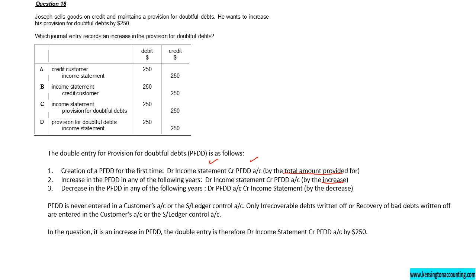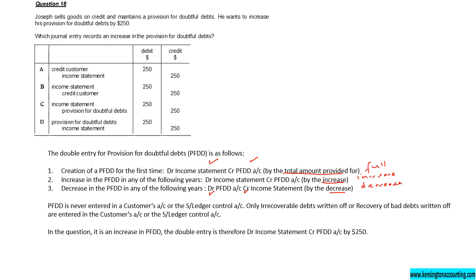Instead of debiting income statement, we credit income statement, and we debit the provision for doubtful debts account by the decrease, not the full amount. So the first is the full amount, the second is the increase, and the third is the decrease.